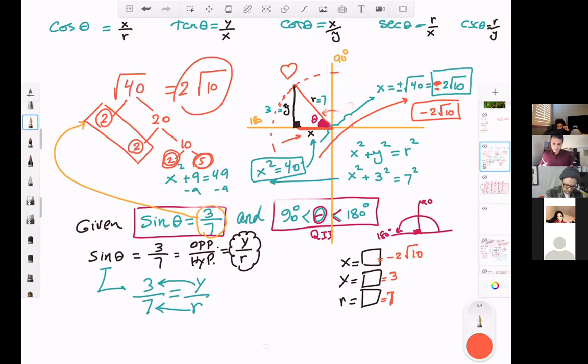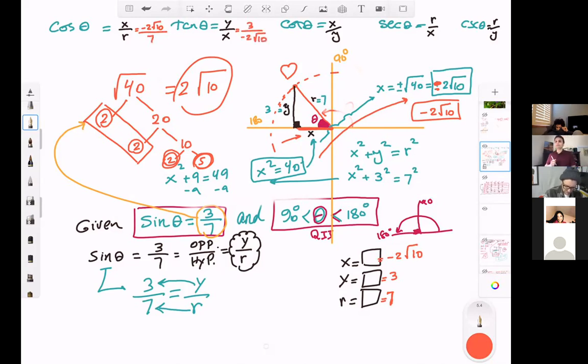So now that we have all three values, we can substitute. Cosine of theta is x over r, which is negative 2 radical 10 over 7. Good. Cosine is negative. Tangent is y over x, which is 3 over negative 2 root 10.